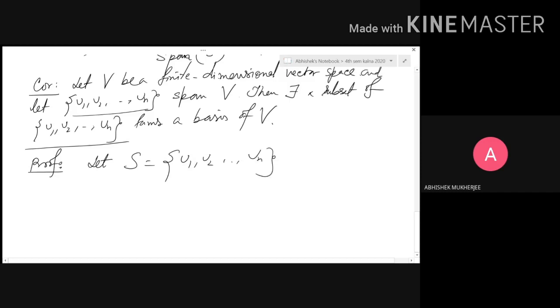So S is a set of vectors V1, V2, ..., Vn which spans V. This has been given in the statement.